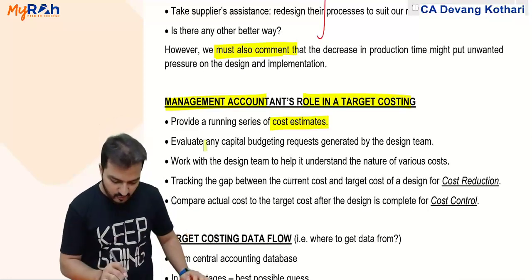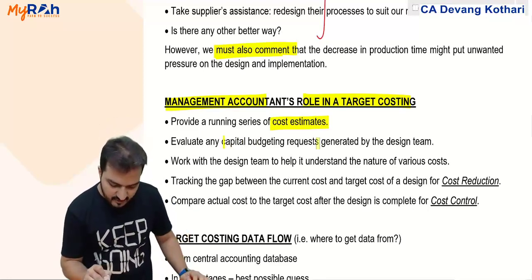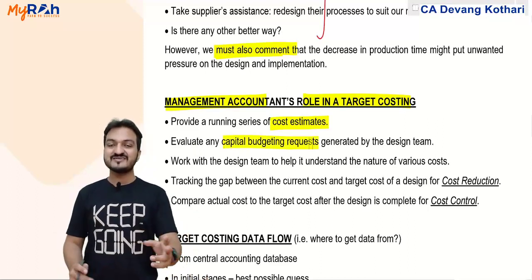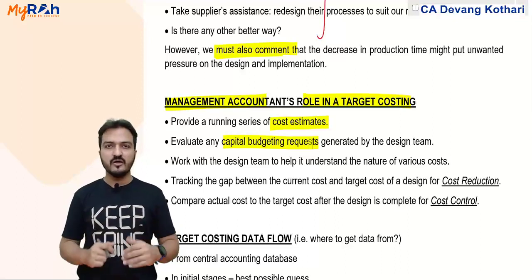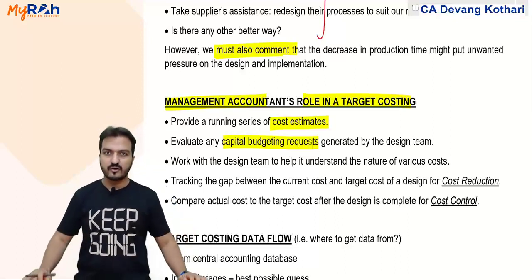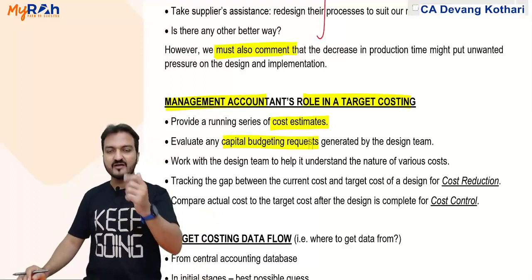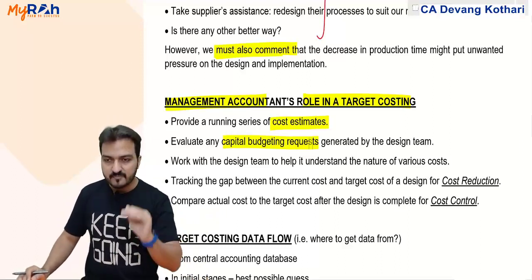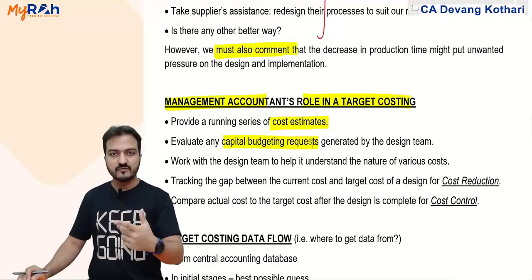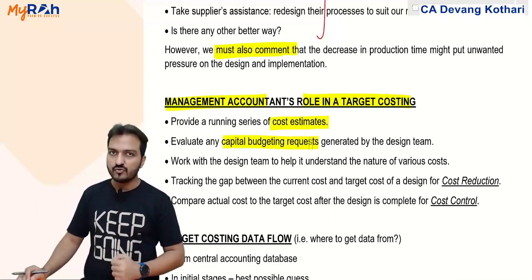Plus, you have to evaluate any capital budgeting request. If the design team says that they need a new machine, you have to evaluate whether the new machine will give positive NPV or not. You know NPV, might have done in FM subject, net present value. So you have to evaluate whether the machine will give positive net present value or not.